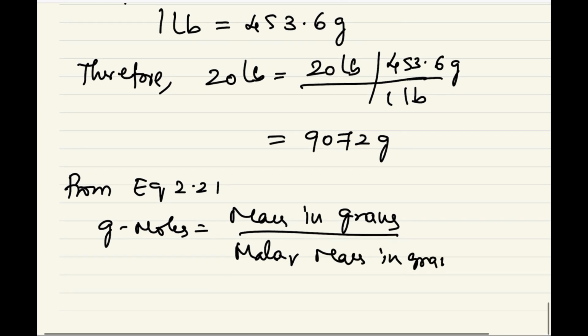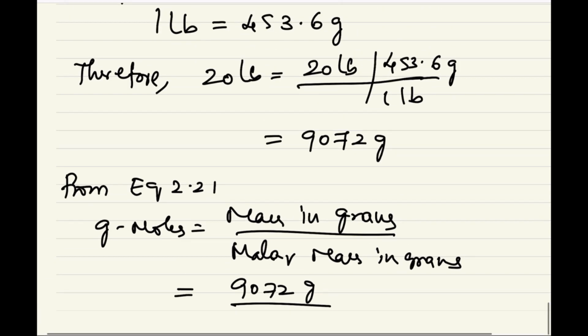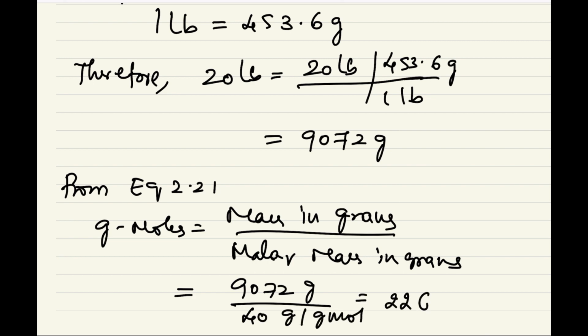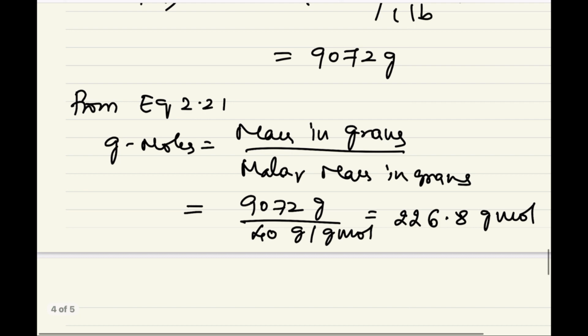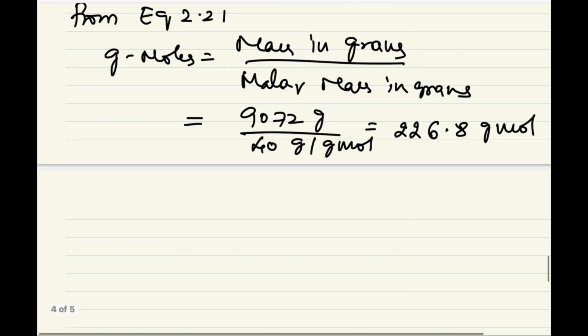Substituting, 9072 gram divided by 40 gram per gram mole, we end up with 226.8 gram mole. So 20 pounds, converted first into 9072 gram, is equivalent to 226.8 gram mole.